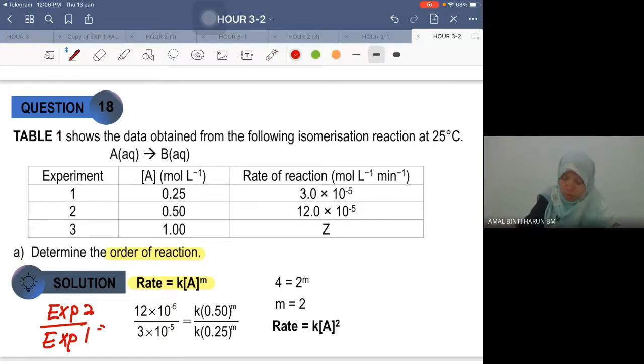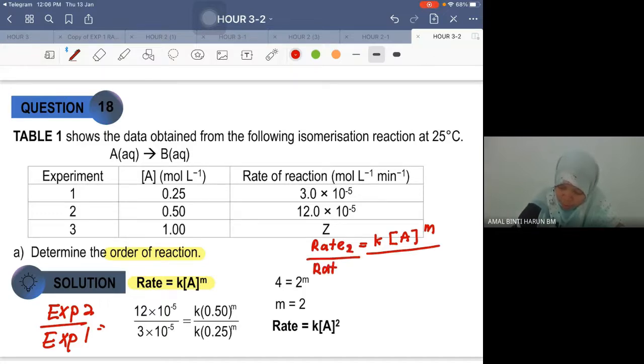Kenapa macam tu? Okay, kita tulis rate experiment 1 equal to K, concentration A, power of M, and then divide by rate 2. Rate experiment 1 equal to K, concentration A, power of M.